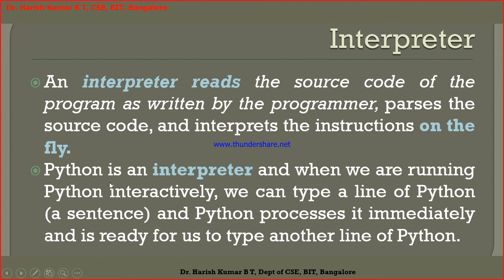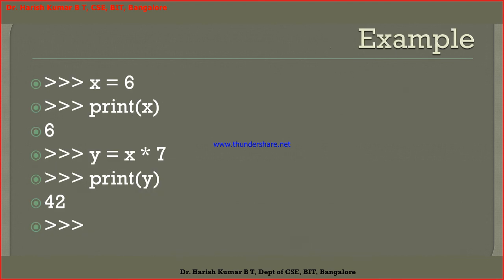Now, what about Python? Is it an interpreter or a compiler? So Python is an interpreter. When you are running Python interactively, we can type a line of Python sentence and Python processes it immediately and is ready for us to type another line of Python. Python is basically an interpreter.